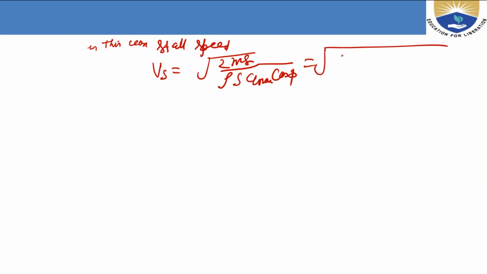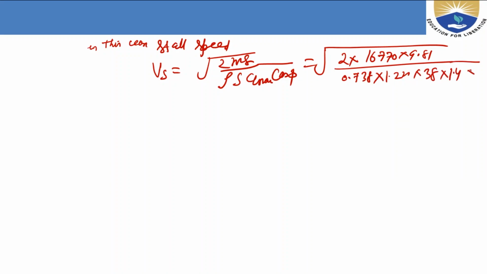So 2 into 16770 into 9.81 divided by 0.738 into 1.225 into 38 into 1.4 into cos of 75.